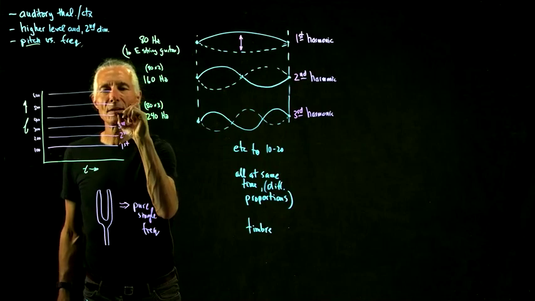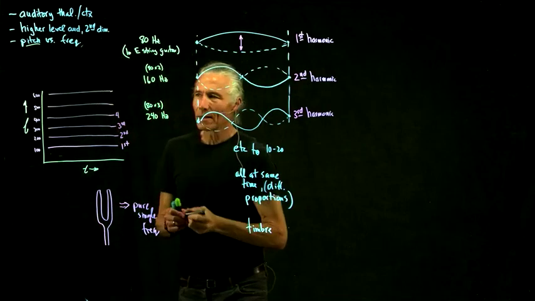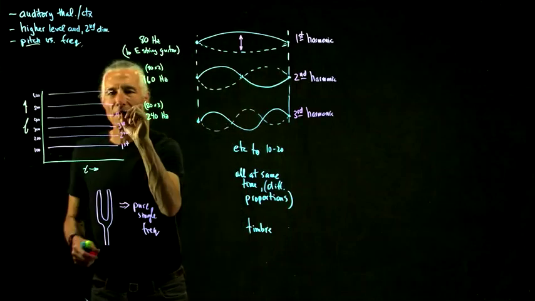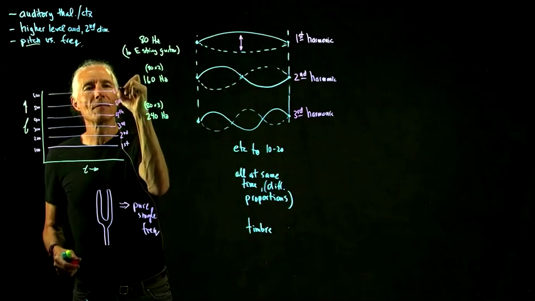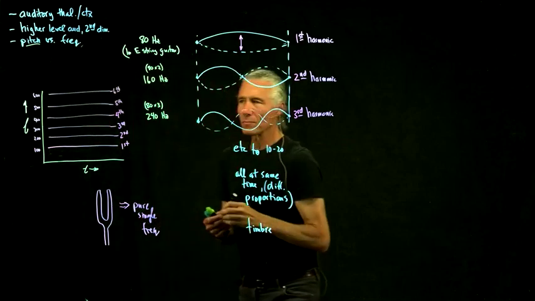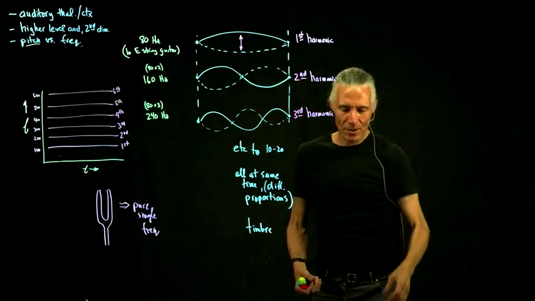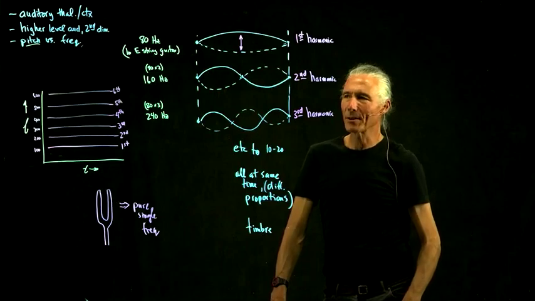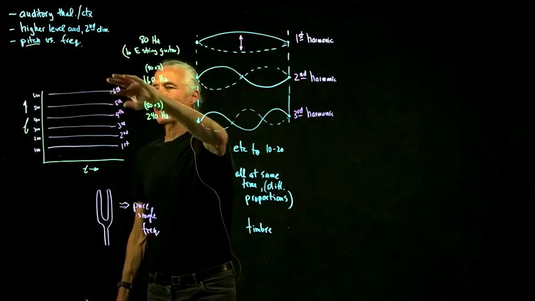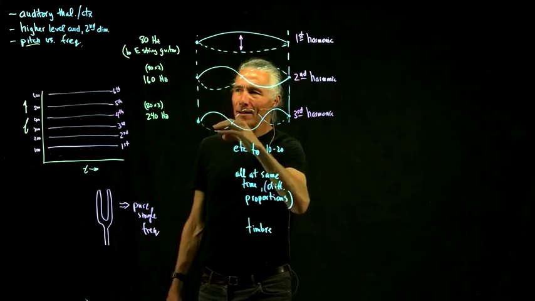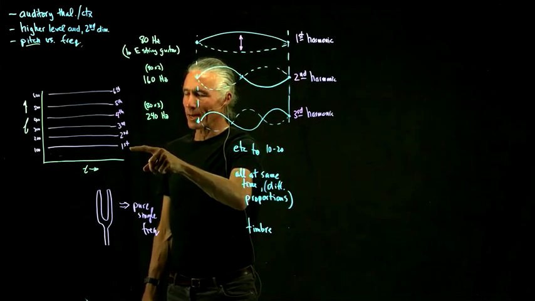And depending on how much of the fourth and the fifth and the sixth harmonic you have in there, it will change the color of the tone. So it might change it from something like, to something like ooh. Those are different amounts of these different higher harmonics. But that pitch sounds like the first harmonic.